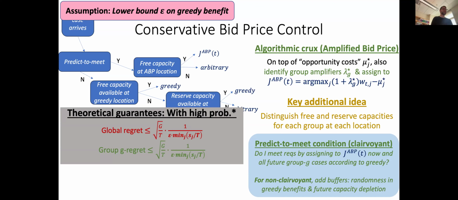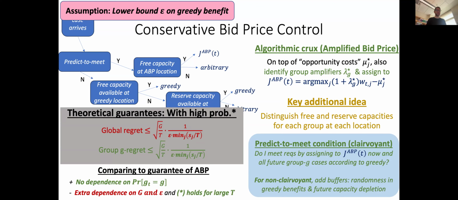Now, there are two aspects of this guarantee. Compared to the previous one, the positive one is we don't have the dependence on the group size. The negative one is we now have dependence in both the group regret and the global regret on the number of groups. And we also have the dependence on epsilon.